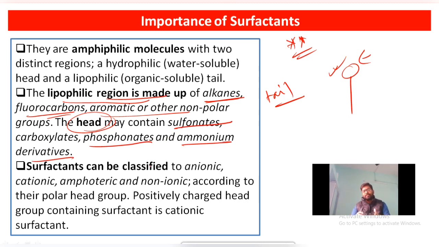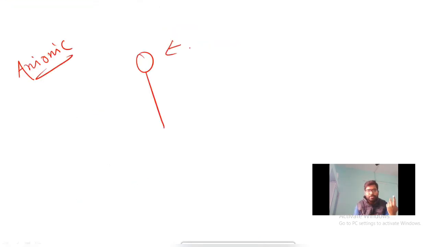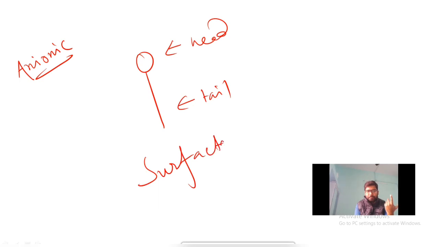And one more thing, the surfactants can be classified into the following categories: anionic surfactant, cationic surfactant, amphoteric surfactant and non-ionic surfactant. So let's understand what it tells. This is your head portion, this is your tail portion, and this is your surfactant.